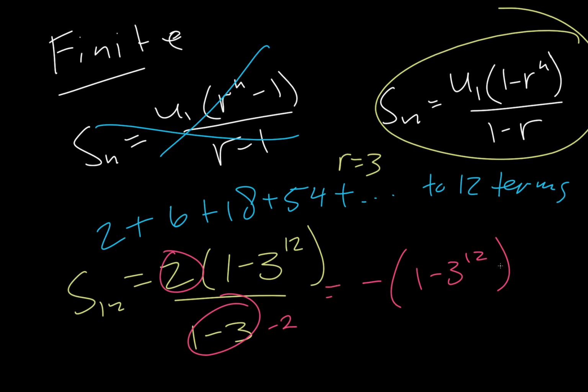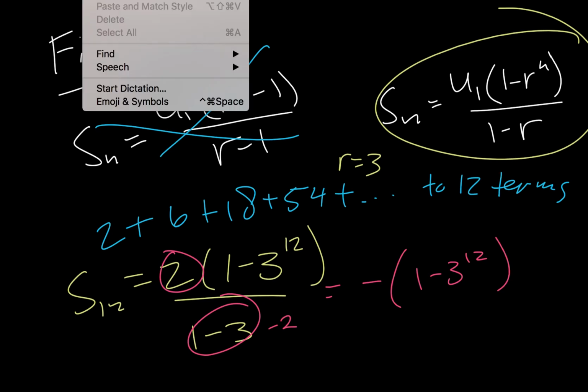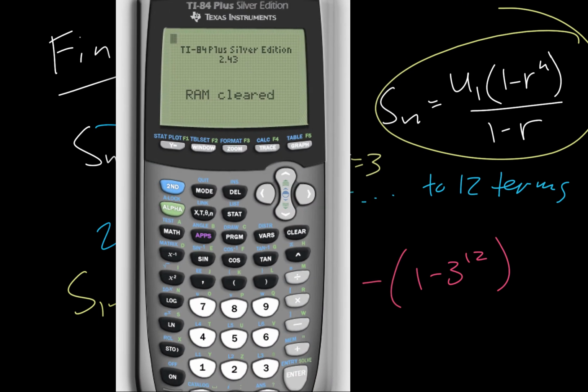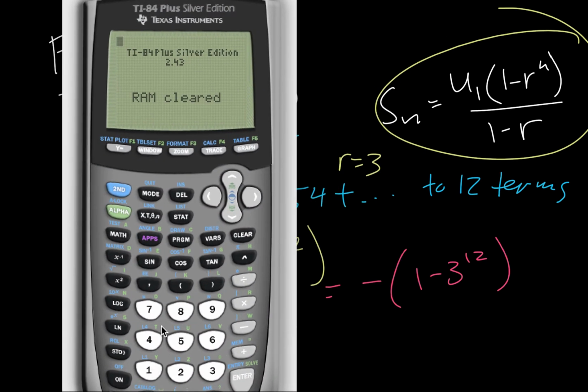And I am just going to use a calculator for this. I'm going to enter negative sign, parenthesis, 1 minus 3 raised to the 12.